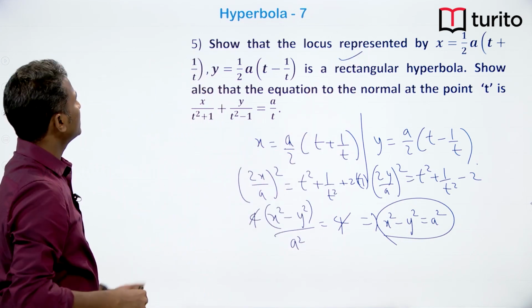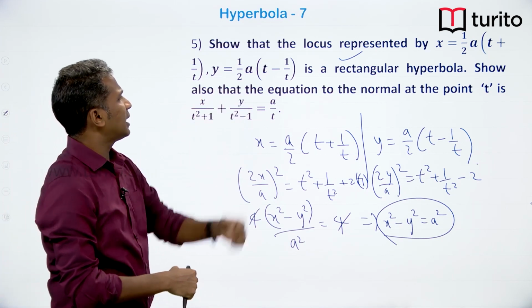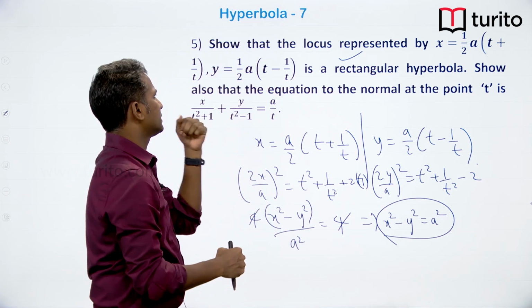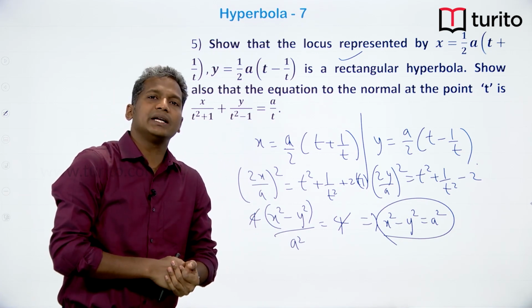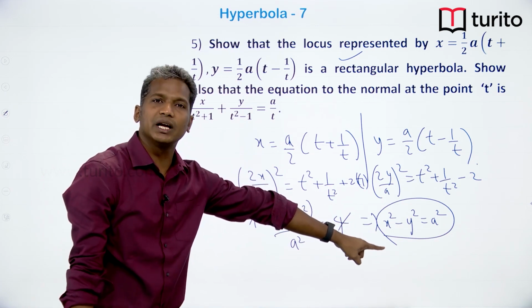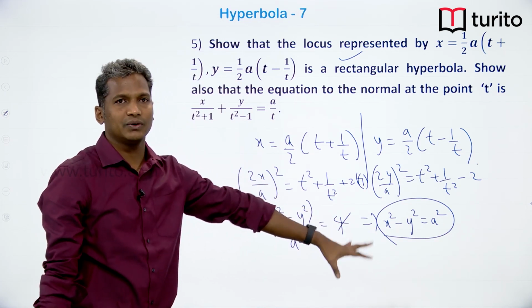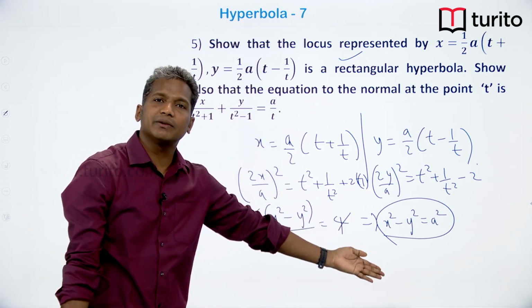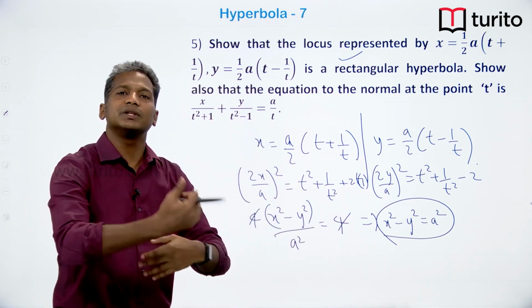Now, what is the question? Show also that the equation of the normal at point t is this. So, how do we get the equation of the normal? Now that we have the equation, we can differentiate it and get the slope. Or we can also go for the parametric form of the tangent and then go for the normal.